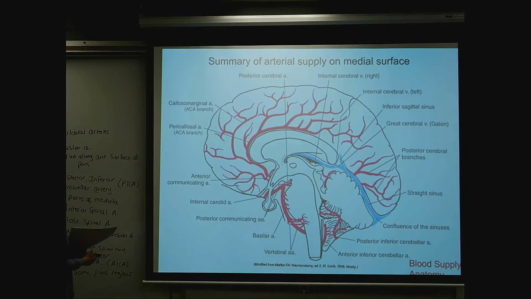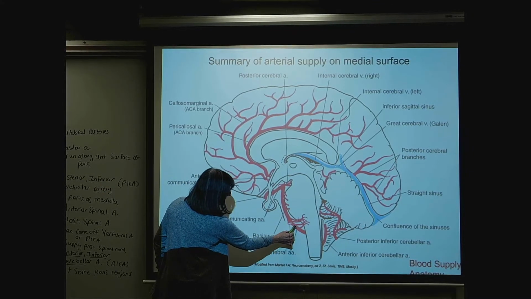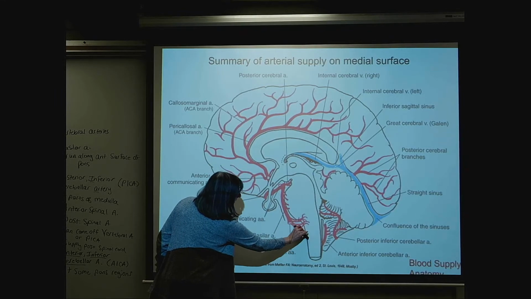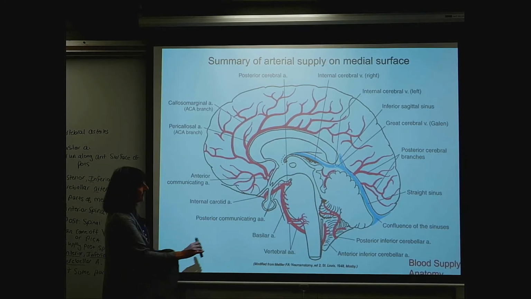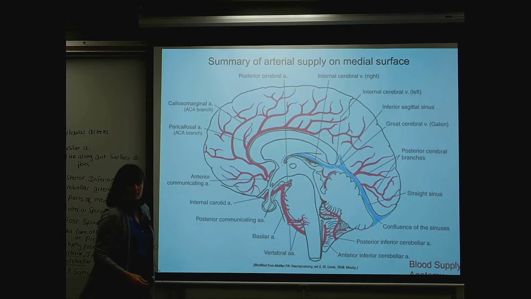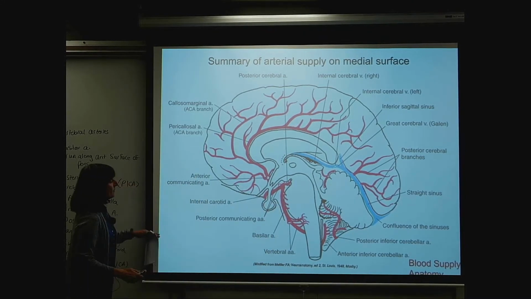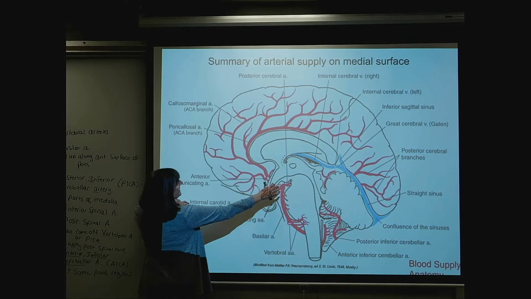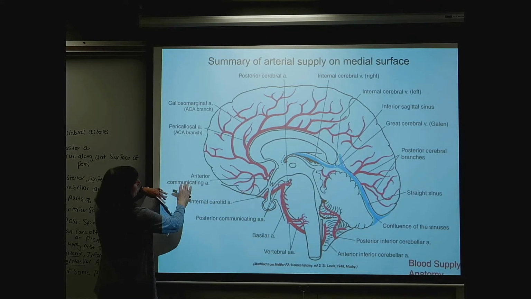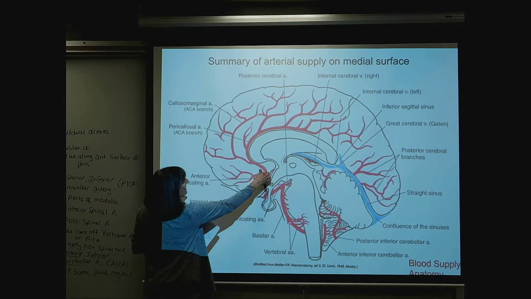This shows you a summary of the arterial supply of the medial surface, as the title says. So let me take you through that. Here are our vertebral arteries coming up. They're ascending. There's going to be two of them. Only one of them is shown on this slide. They're going to fuse to form the basilar artery, which runs along the surface of the pons. There we have our pontine arteries coming off. We can see other areas as we go more anteriorly here. We have the anterior communicating artery here. And then we have, this is the medial surface.